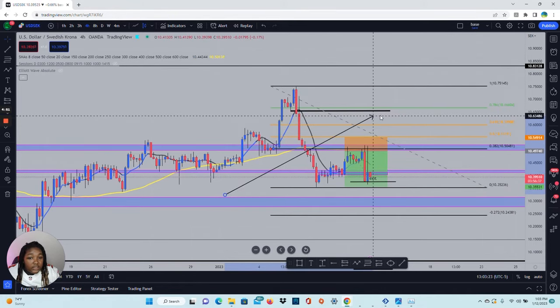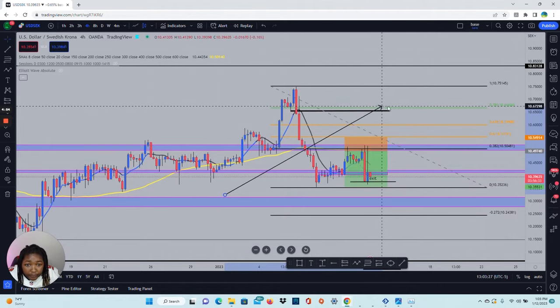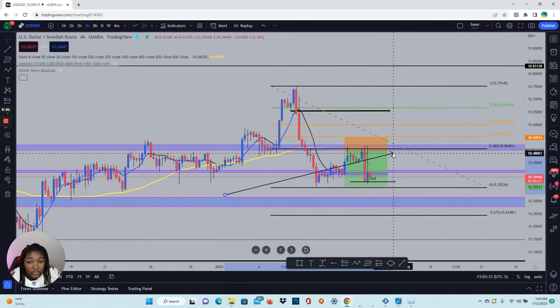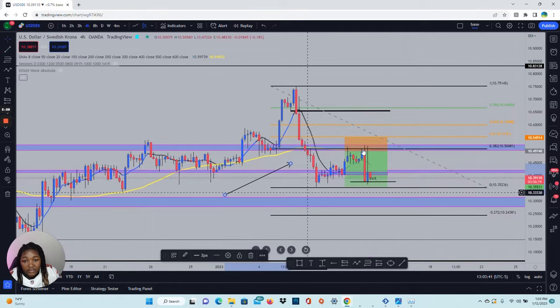And as you can see as well, it's respecting our 0.78 level here on our fib. So I was looking to either get in here at the 0.382 or the 0.78. But I was more confident in the 0.382 because let's take a look.